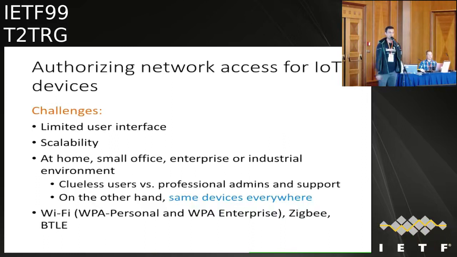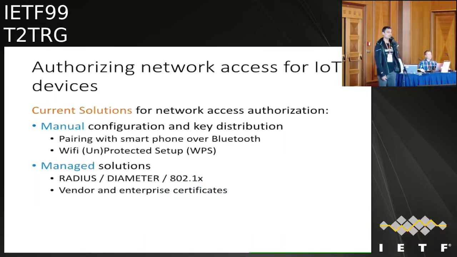If you look at the current solutions for network access authorization, they can be broadly categorized into two. There's manual configuration, which basically means I somehow manage to tell this new IoT device the Wi-Fi SSID and password.